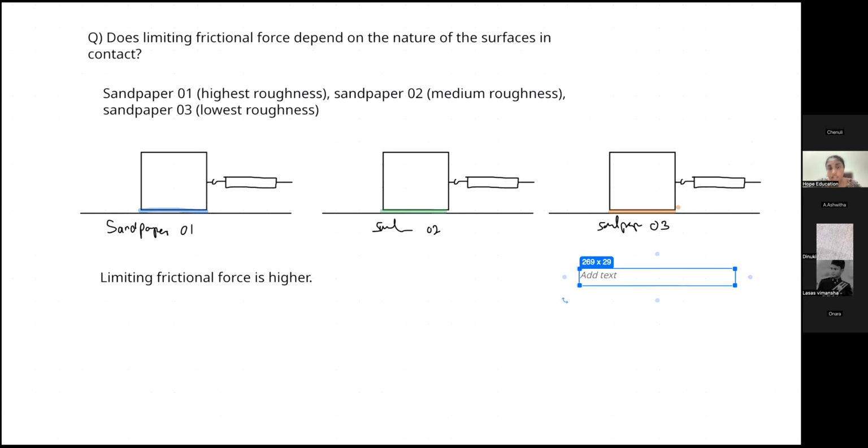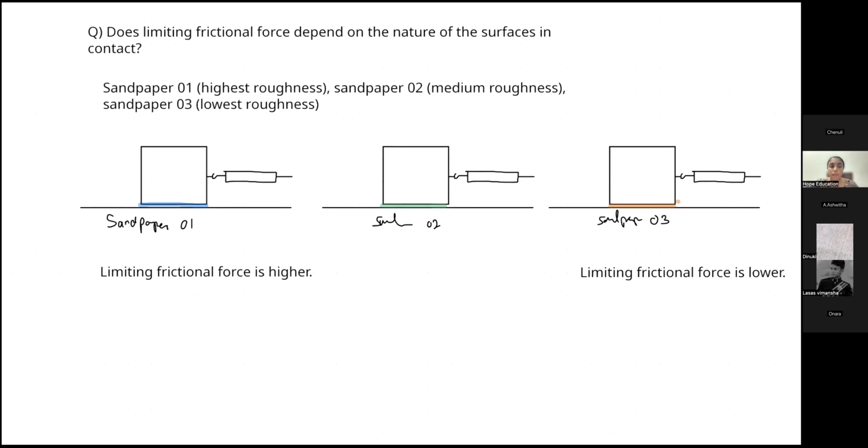So sandpaper 1 is more rough, right? surface එකේ roughness එක වැඩි නම් limiting frictional force එක වැඩි, surface එකේ roughness එක අඩුයි නම් limiting frictional force එක අඩුයි. එහෙනම් අපිට කියන්න පුළුවන් therefore limiting frictional force depends on the nature of the surfaces in contact.